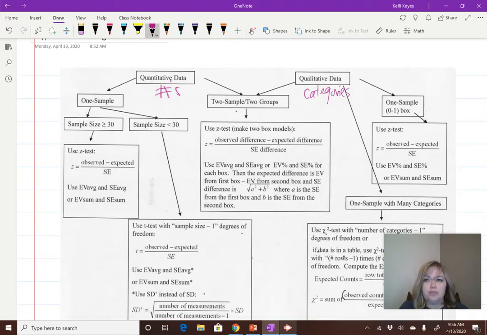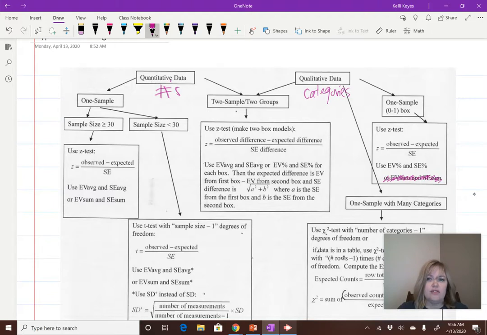If it's qualitative and there's just one sample, then you will probably make a 0, 1 box model, and it will be the z-test because there's just one sample. Go ahead and cross this off, because we're not going to use EV sum and SE sum. We're just going to do the percentages.